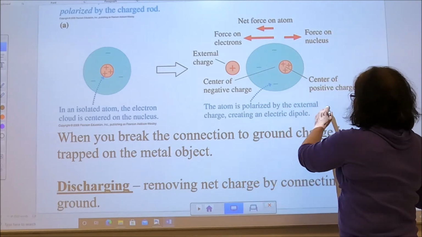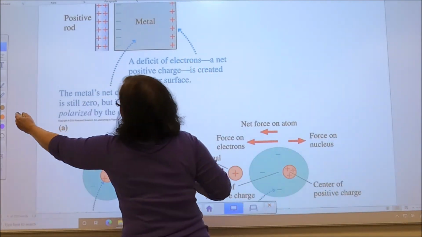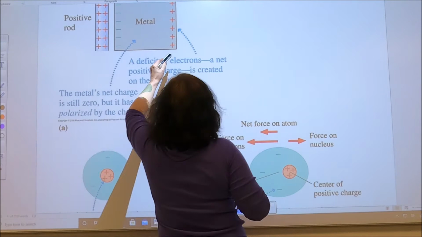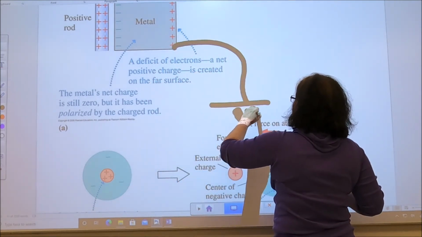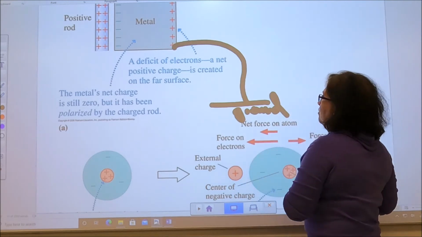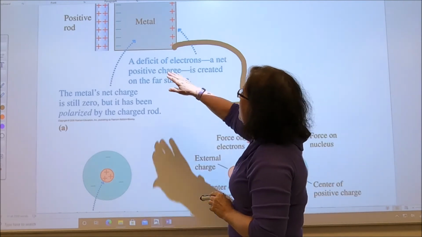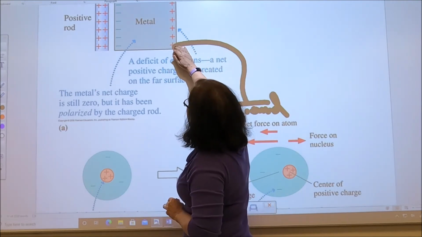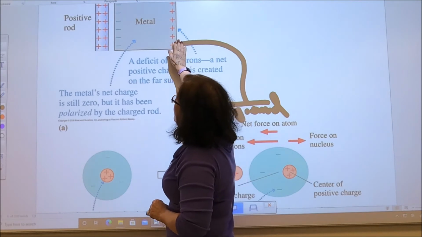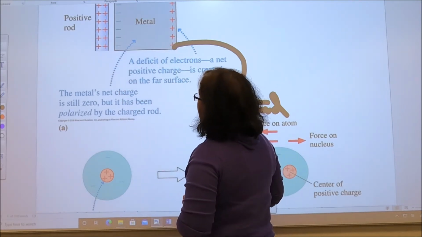If you were to connect this piece of metal to ground, okay, then this positive charge, we would actually see a draw of negative charge from the earth into this metal plate to help make this negative and this positive, okay?